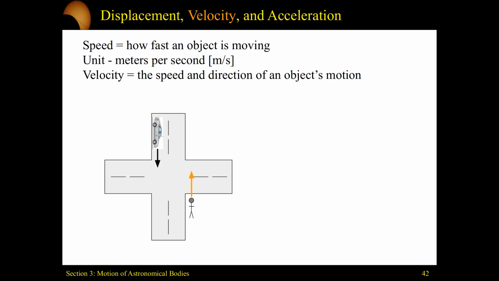So speed. Easy one. Everyone knows this. It's just how fast you're moving. Unit-wise, it is a meter per second. And if I was to describe the velocity, well, that's the speed and the ever so important direction of your motion. Imagine you want to cross the street. And any car going this direction, you don't care about. They could be going 10 miles per hour.